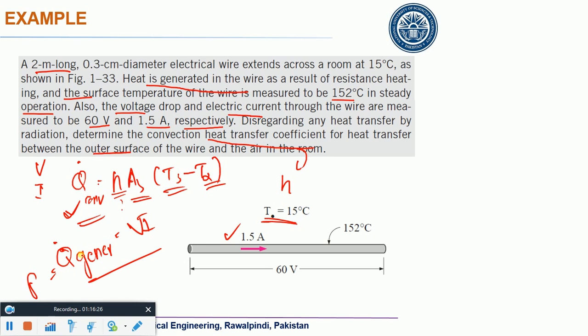So what is Q dot generated? This is power, isn't it equal to energy spent per unit time? So the units are the same. You can use this relation to find out Q dot convection, and that's how you can find out h.